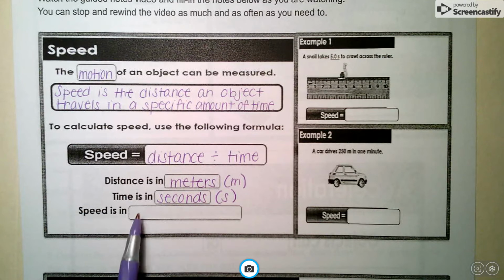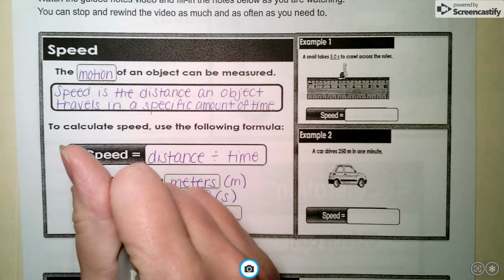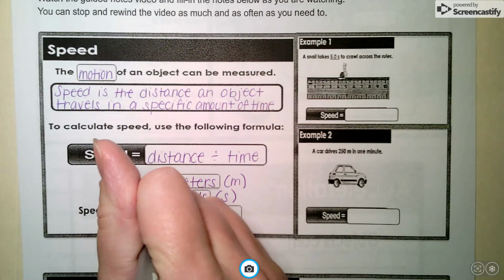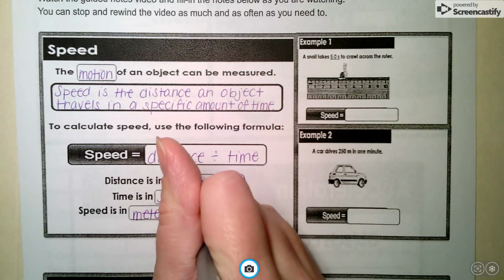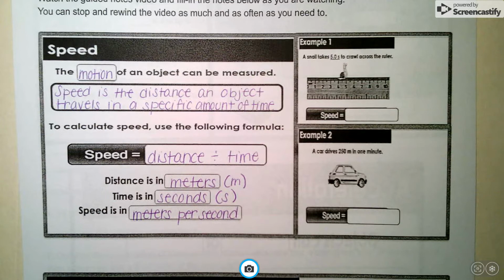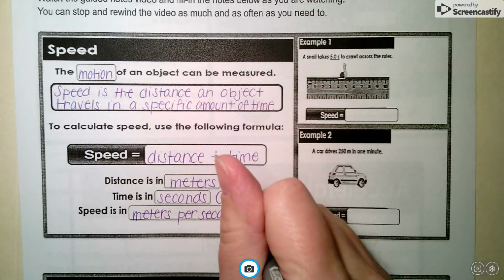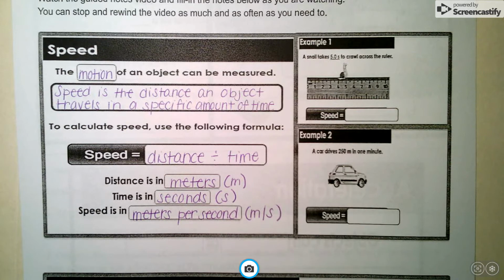And so if we combine those two units, meters and seconds, to get our speed unit, we'll say speed is measured in meters per second. And we would write this as lowercase m/s, like that.